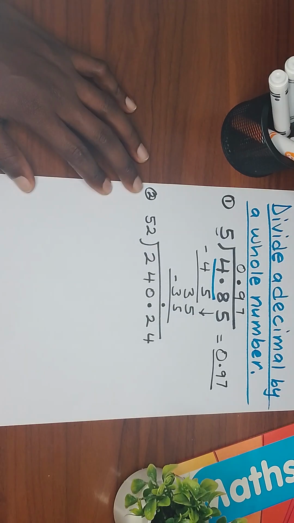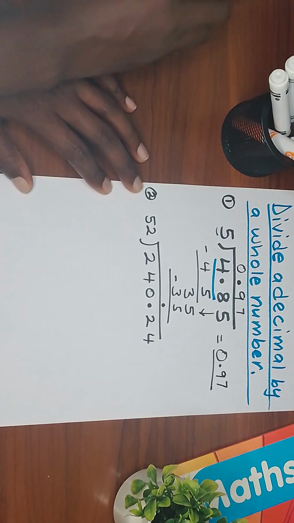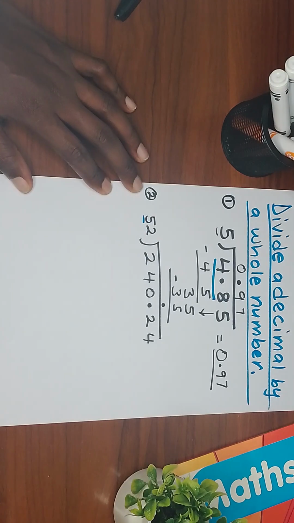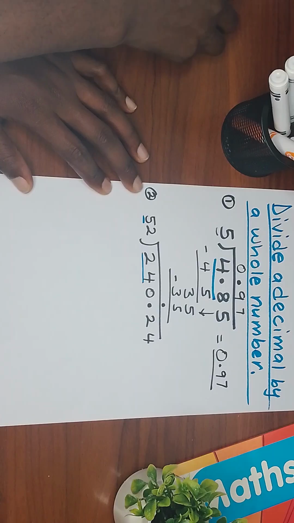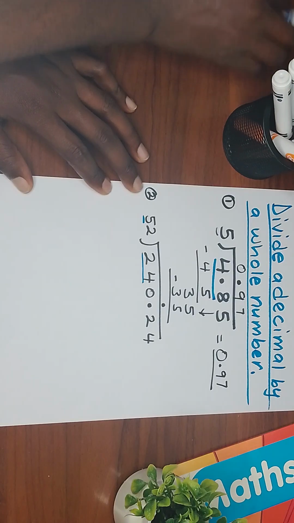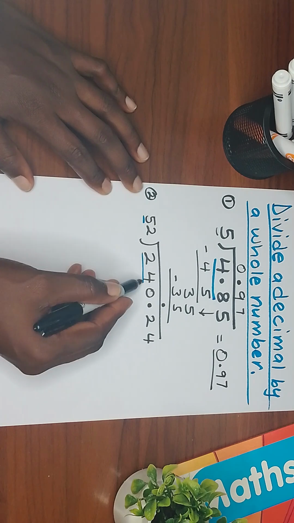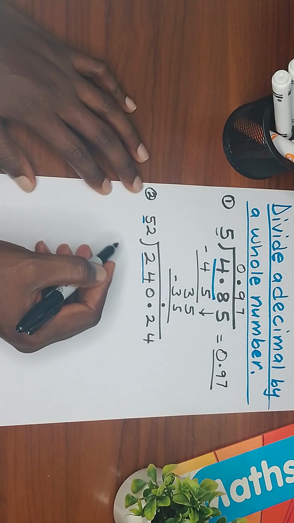Now, our divisor is a whole number, so we will go in the multiples of 5. Consider the first 2 digits. In the multiples of 5, where do we find 24? That is 4 times.